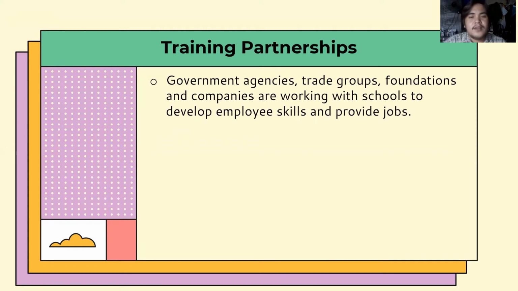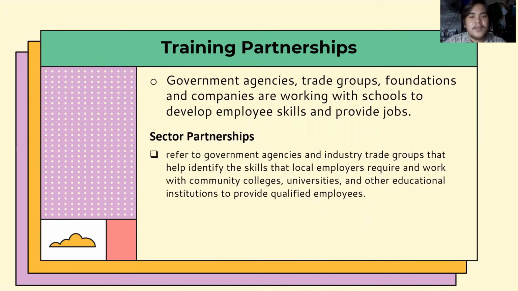Under these training partnerships, there are so-called sector partnerships. These refer to government agencies and industry trade groups that help identify the skills that local employers require and work with community colleges, universities, and other educational institutions to provide qualified employees.